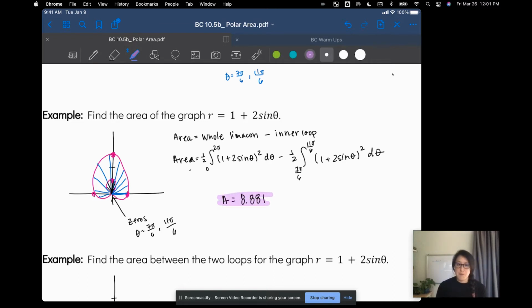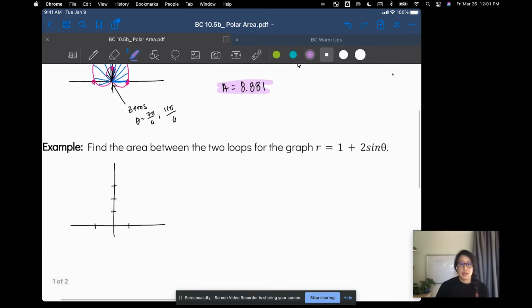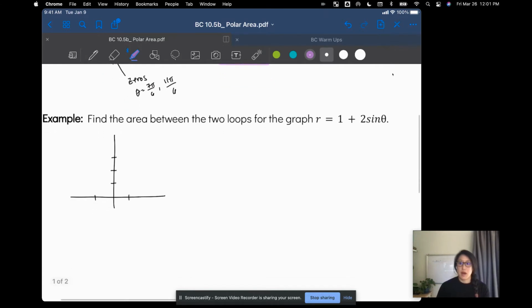Okay, find the area between the two loops of the graph of the same graph. So we're going to start at 0, 1. I said that backwards. It's r, theta. So 1, 0, and then 3 pi over 2, then pi, then -1, 3 pi over 2.